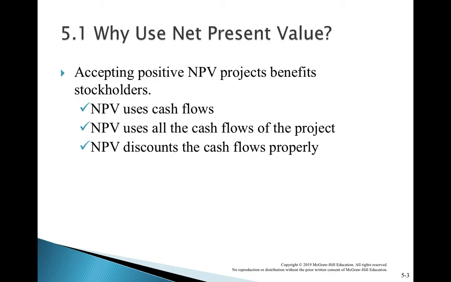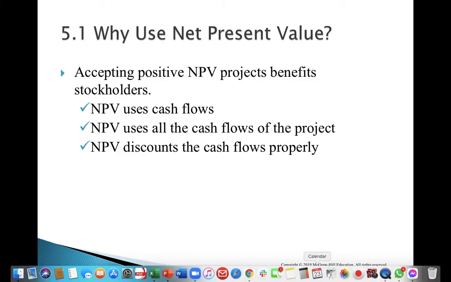For example, you are getting 10,000 after 1 year, 15,000 after 2 years, 20,000 after 3 years. If your cost of capital is 10%, then the present value of 10,000 after 1 year is 10,000 divided by 1.10 to the power 1. The cash flow you receive after 2 years is 15,000.